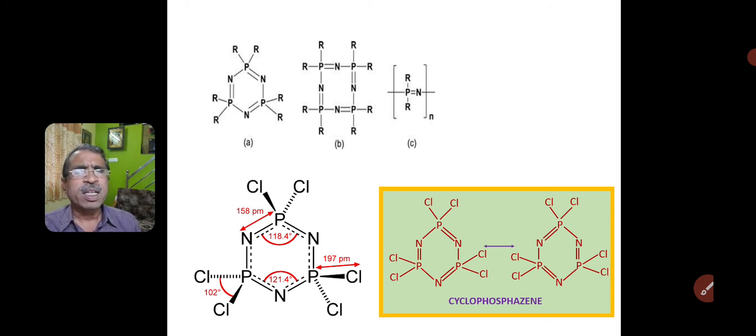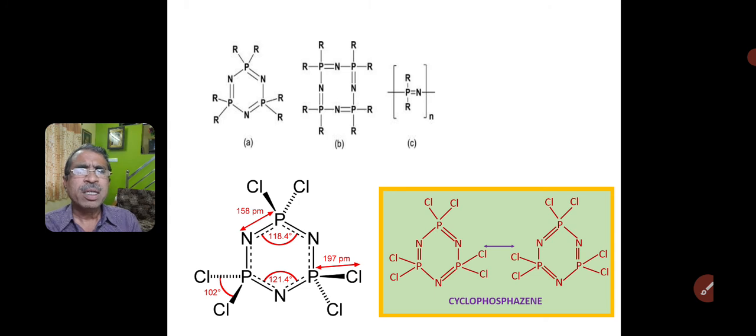In phosphazene, that is the phosphonitrile chloride, the bond angle between NPN is 118.4 degrees and the bond angle between PNP is 121.4 degrees. Similarly, the bond angle ClPCl is 102 degrees.